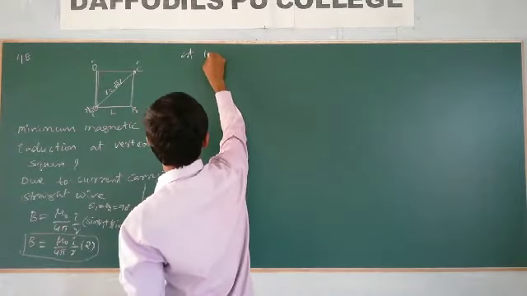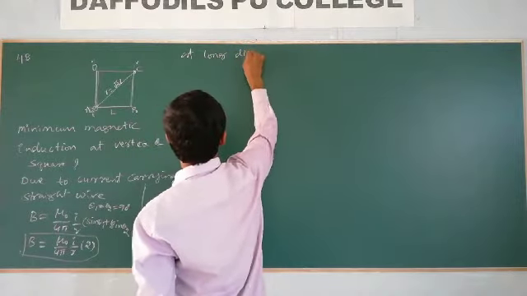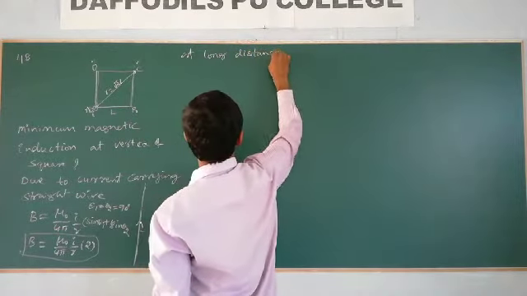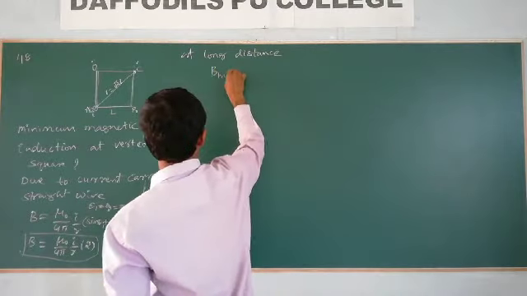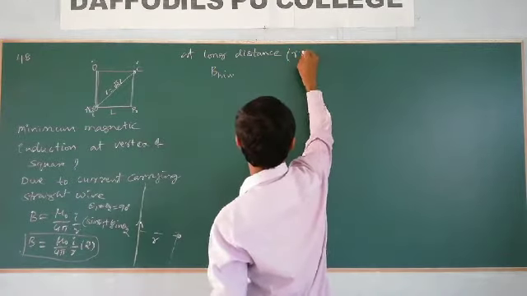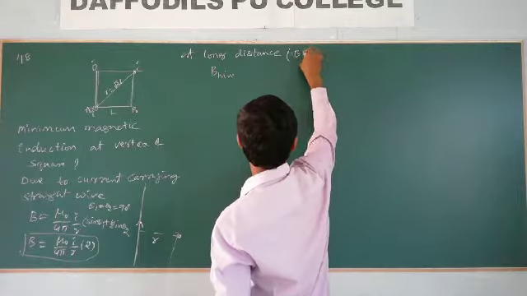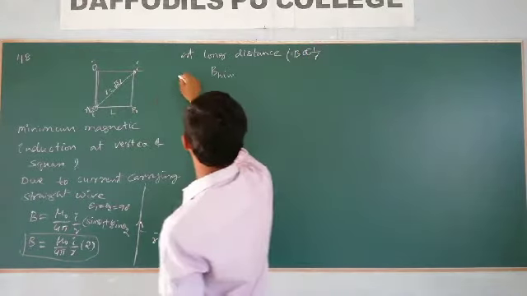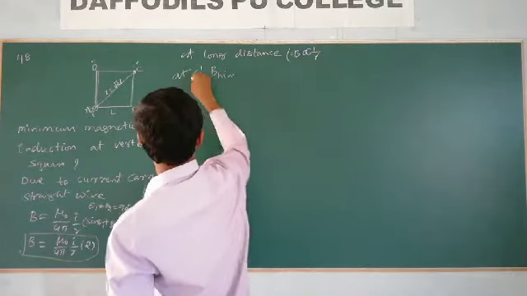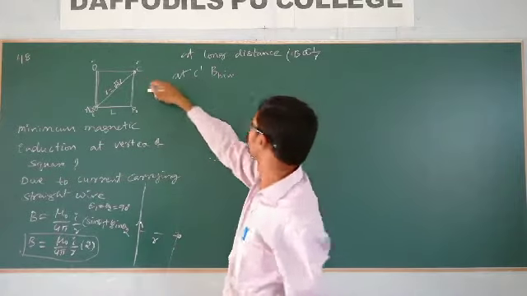At a long distance, B is minimum, since B is inversely proportional to r. Therefore, at vertex C, B is minimum.